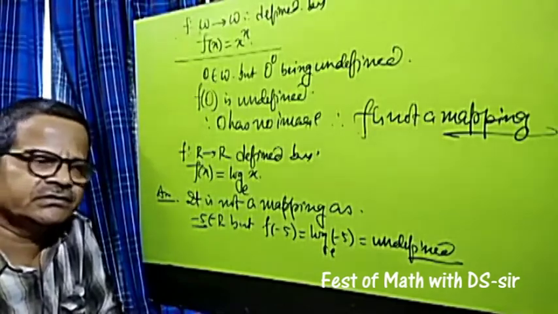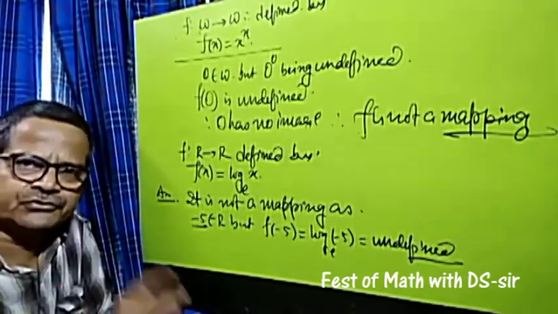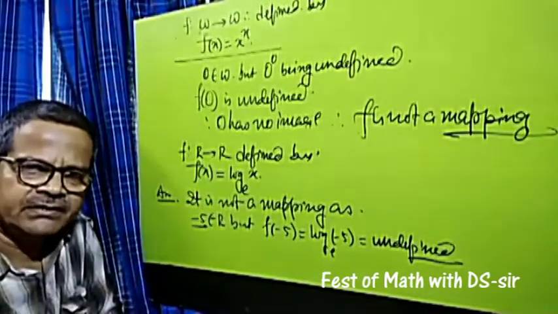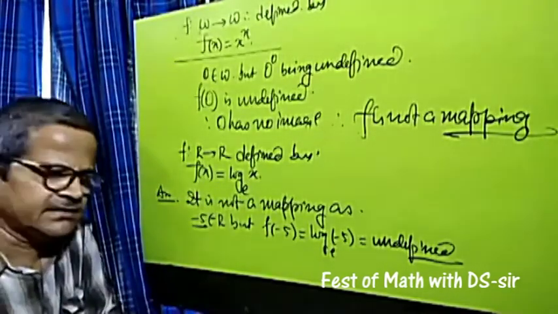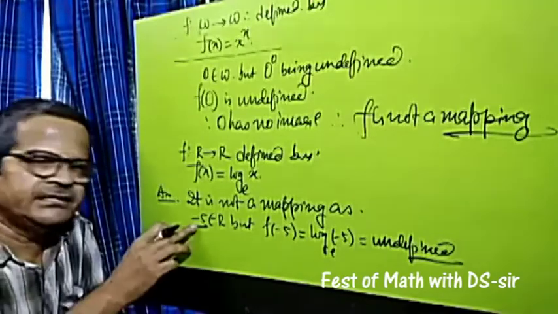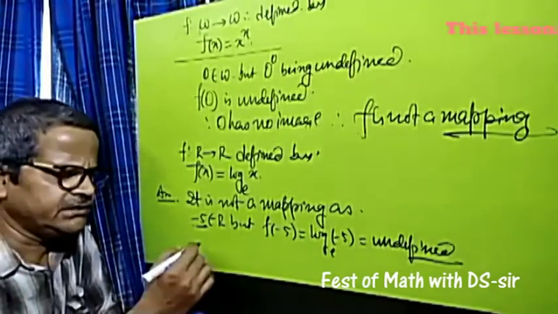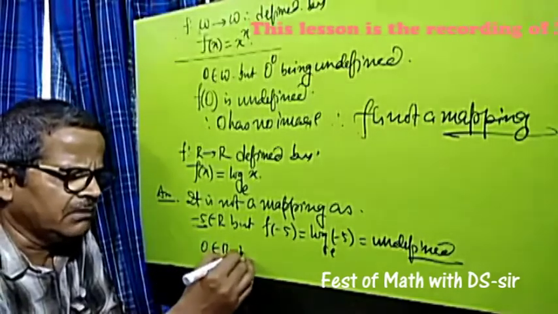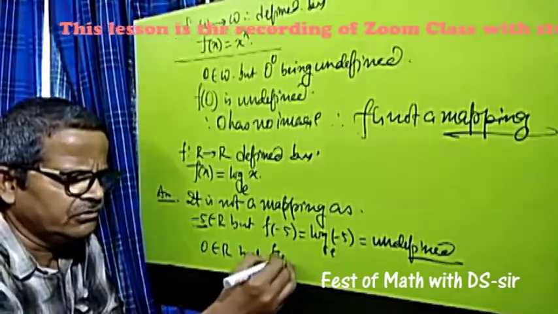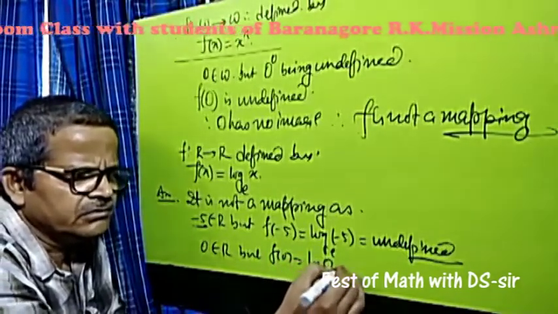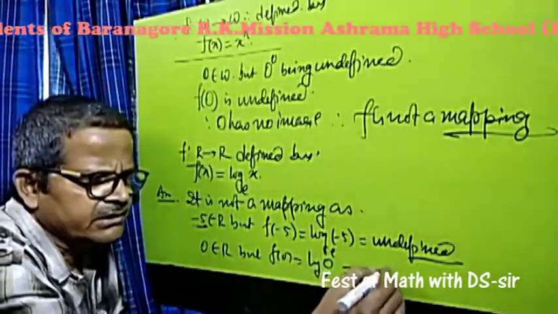It is enough to show one value to prove that it is not a mapping. We have plenty of examples, so we have to mention at least one of them. We can say 0 belongs to R, but f(0) is equal to log of 0, which is undefined.